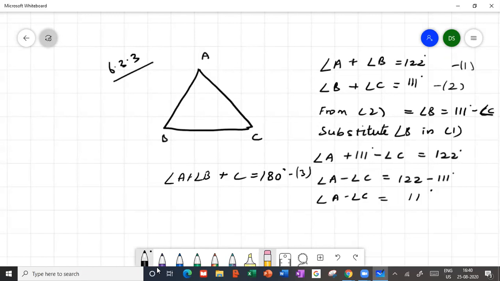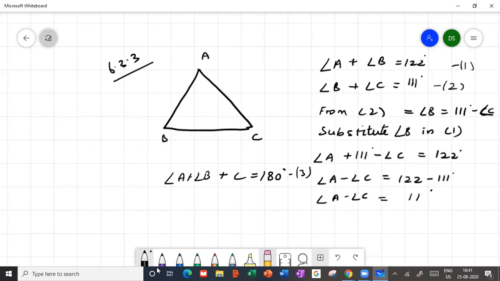So from here, I can say A is equal to, okay, or maybe I can directly do this. I've taken the long cut.